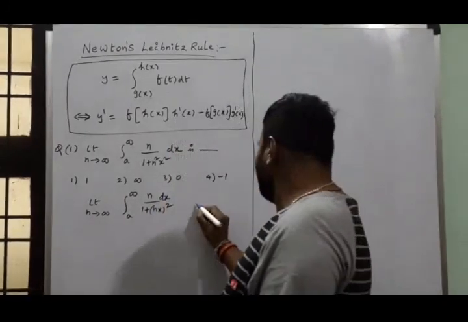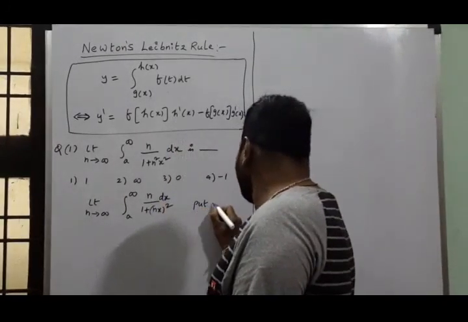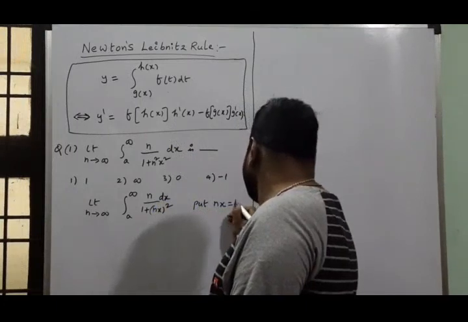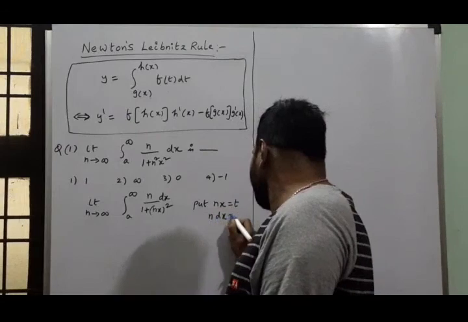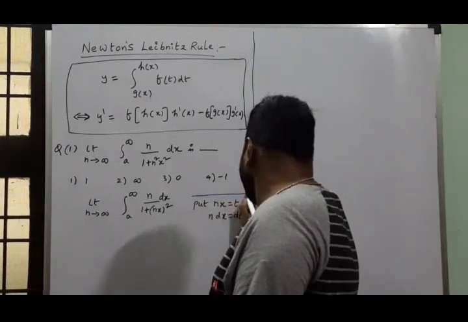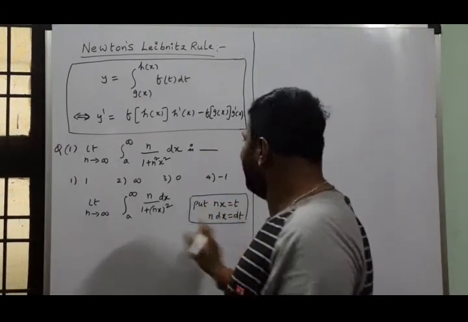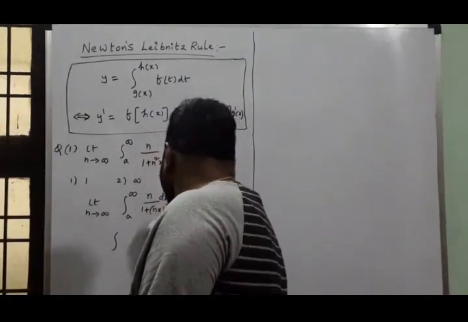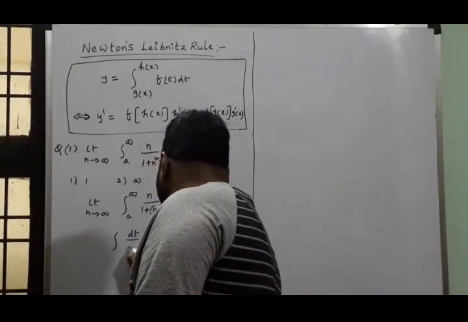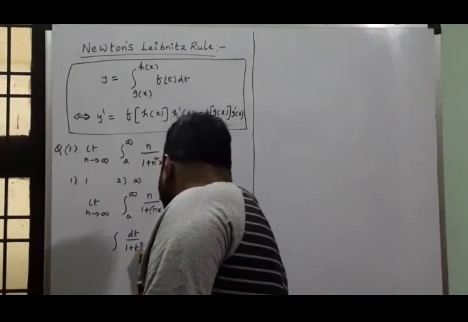Okay, now put nx is equal to t. Differentiate both sides, n into dx is equal to dt. Okay, now use this data here. Then this is equal to dt by (1 plus t square).